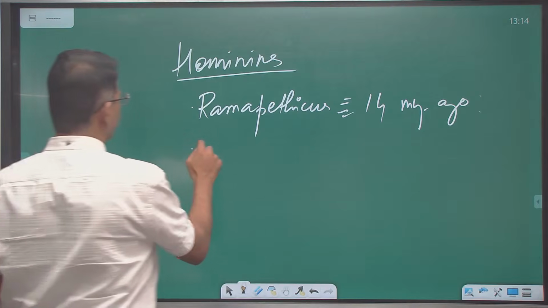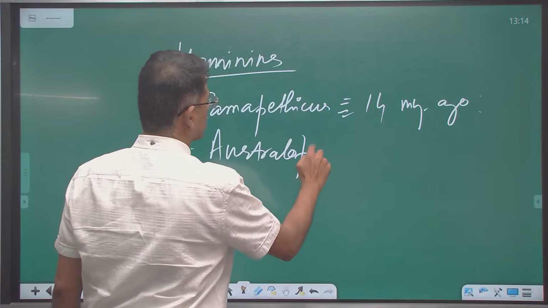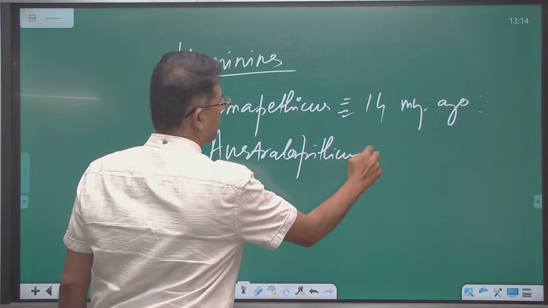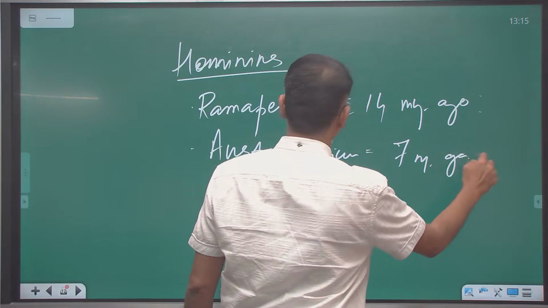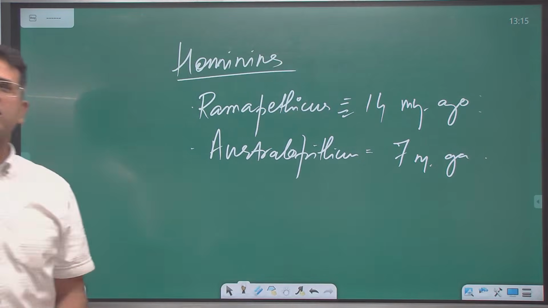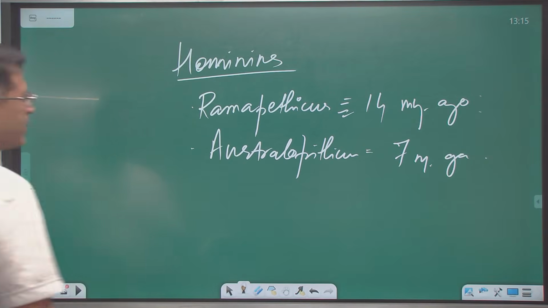Then we have Australopithecus, approximately about 7 million years ago. Ramapithecus and Australopithecus, Pithecus.